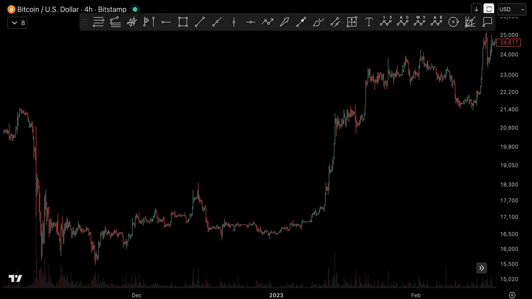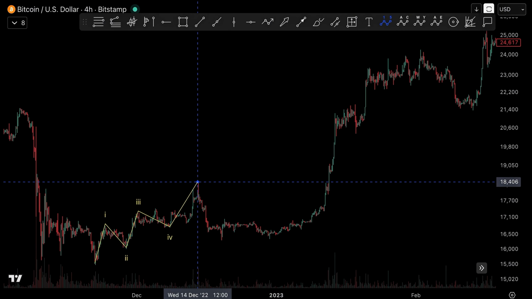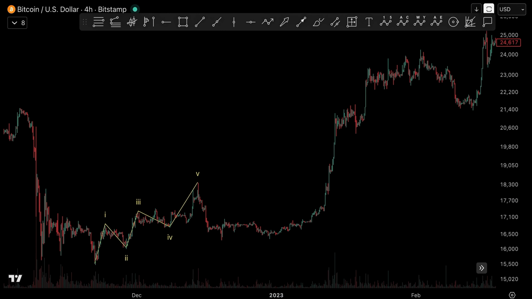So you will be able to spot it right now. Can you see this? We can see a 5 wave move up. So that is 1, 2, 3, 4, and that was the 5th one. So that is the leading diagonal for you.